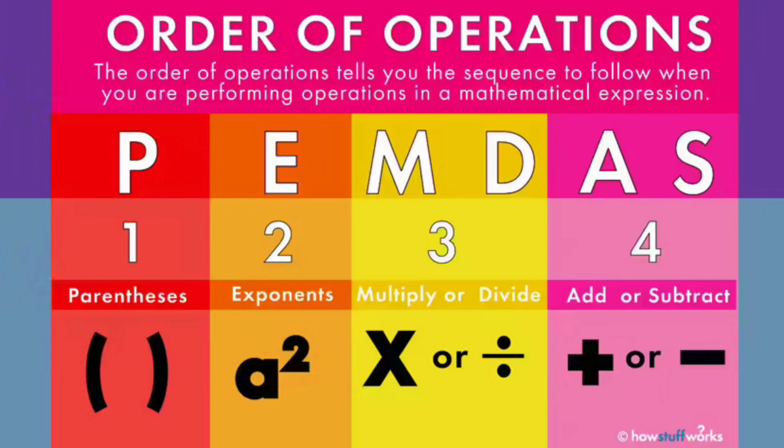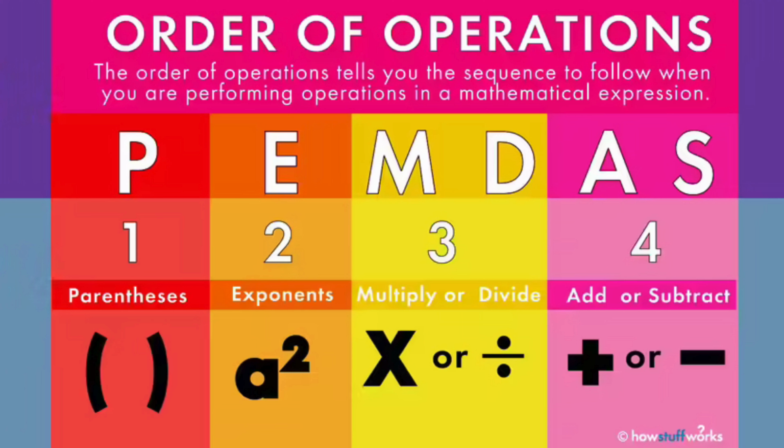Python follows special rules when solving problems, just like in your math class. It's called PEMDAS: parentheses, exponents, multiply, divide, add, subtract. So remember, Python doesn't go left to right.